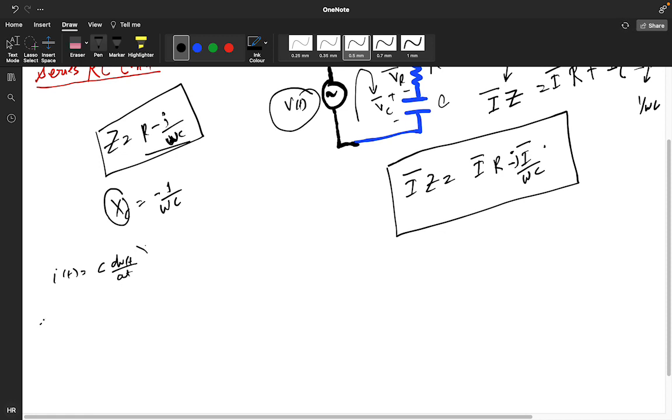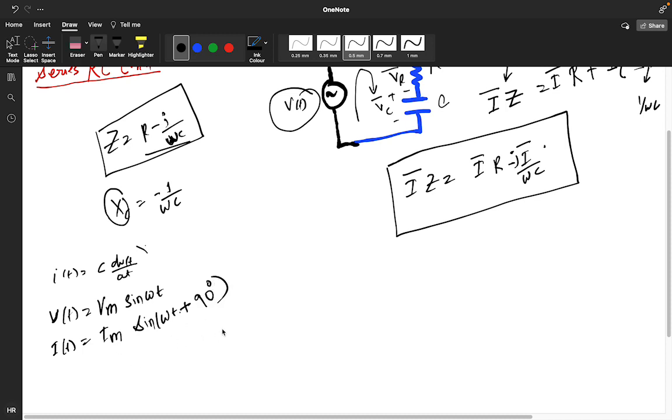If our V of t voltage was coming as Vm sine omega t, then the current across the capacitor, which we derived earlier, will be I of t equal to Im sine omega t plus 90 degree.